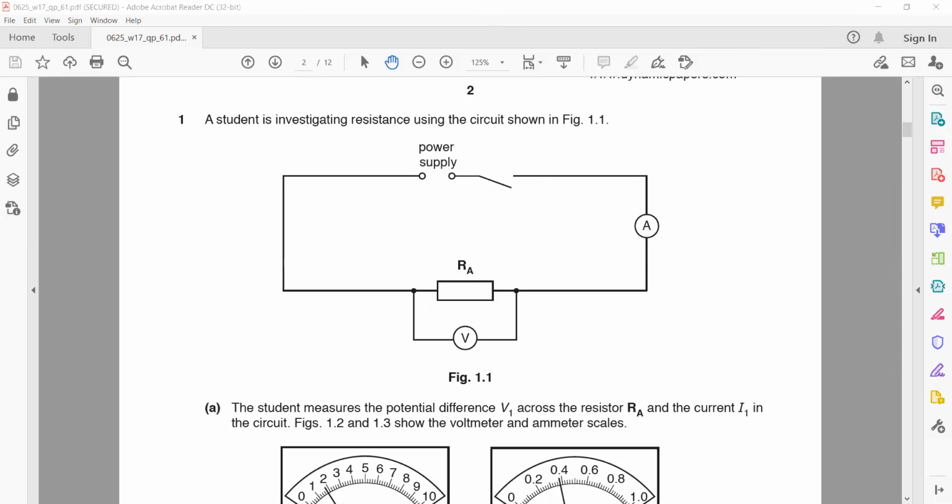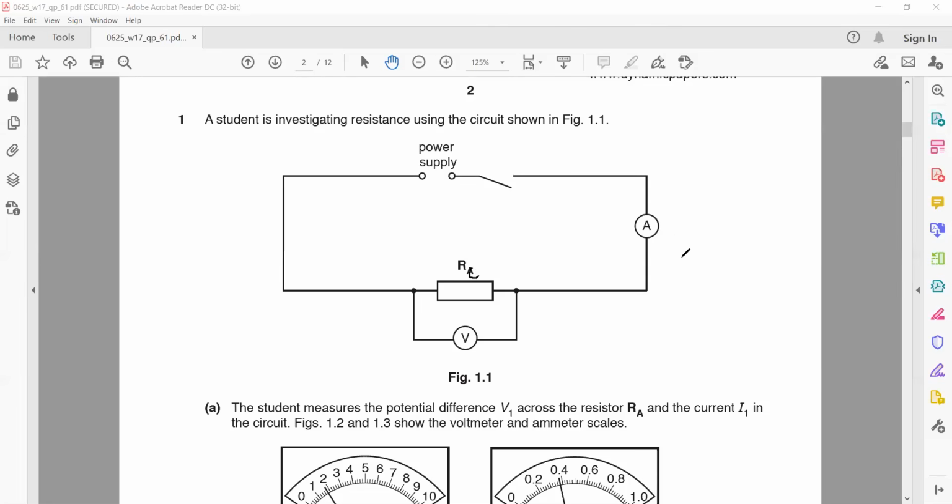What we can simply do is get the voltage and current for RA, then replace RA by RB and find voltage and current, and then replace this by RC and find voltage and current.